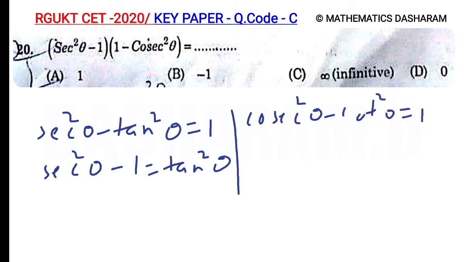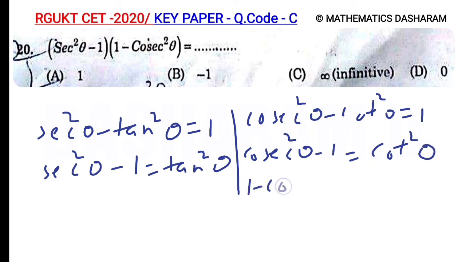So from this, cosec square theta minus 1 equals cot square theta, but 1 minus cosec square theta equals minus cot square theta. So let's substitute these values.